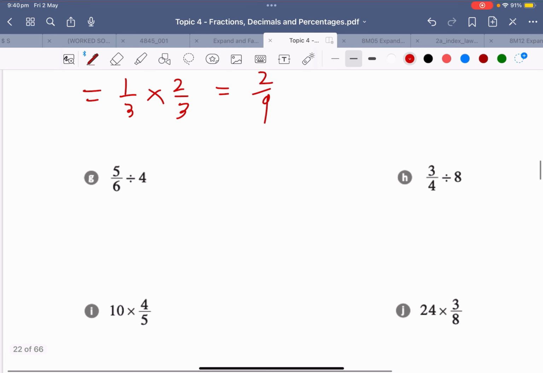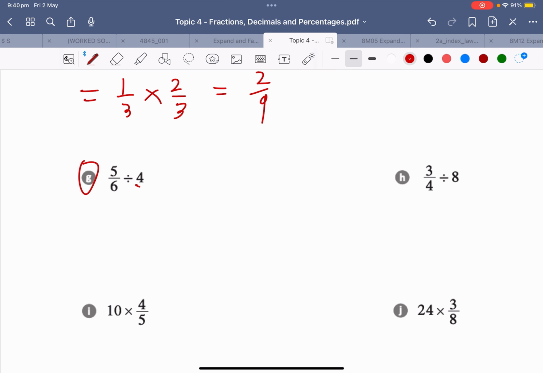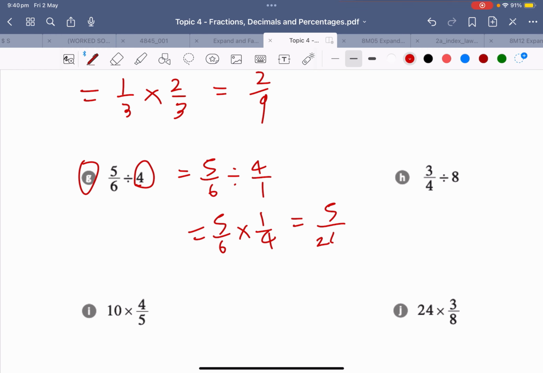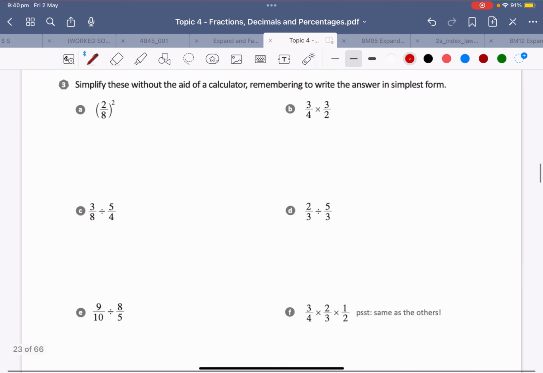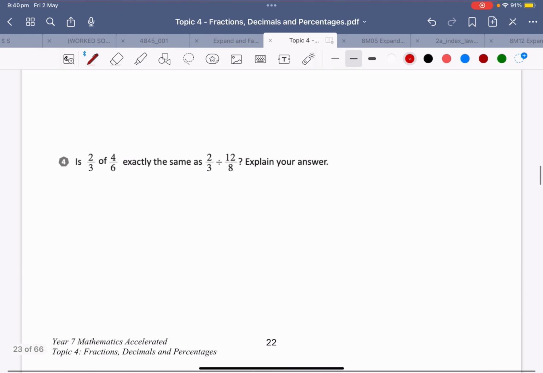But Mr. Kim, what about question G? How do I flip a number 4? Well, if you think about it, 4 is the same as 4 over 1. I like to think of it that way. So now 5 over 6 divided by 4 over 1 is the same as times by 1 over 4, which is 5 over 24. All good? Better be all good. Spending my Friday night on this.